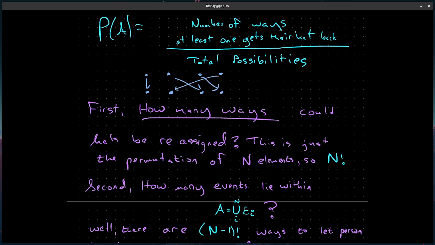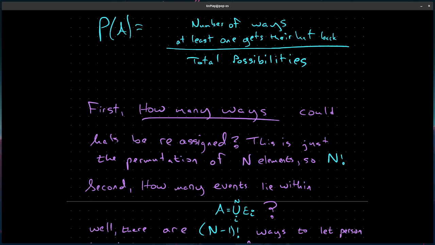And so if you had 4 dots, then you have 4 factorial ways to permute the dots. So in total, the number of ways to permute the hats, to reassign hats to the people who leave, is just n factorial.